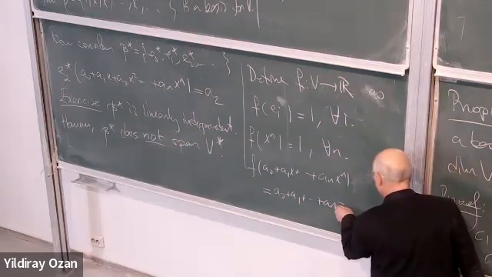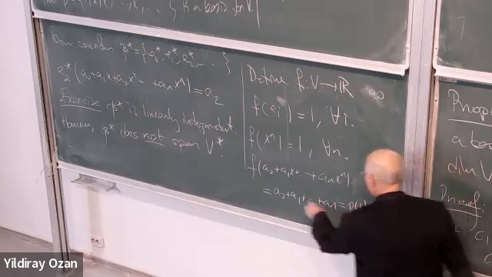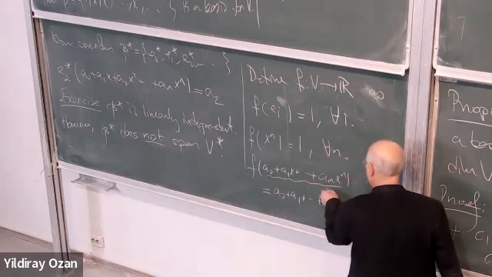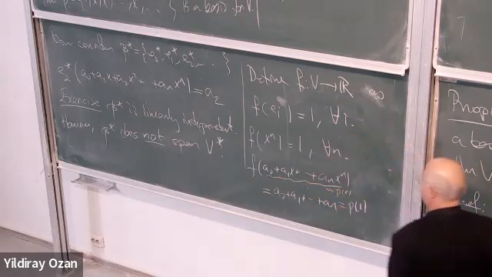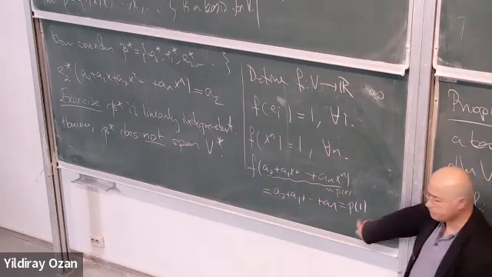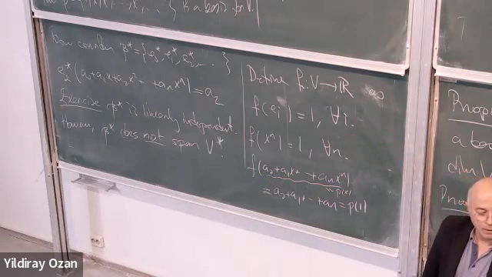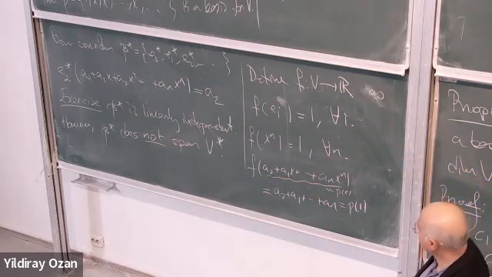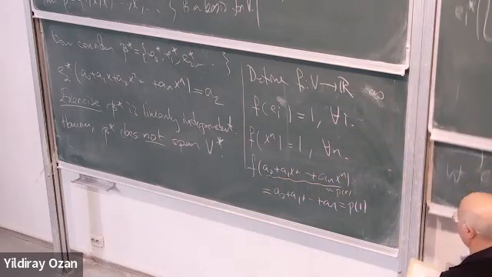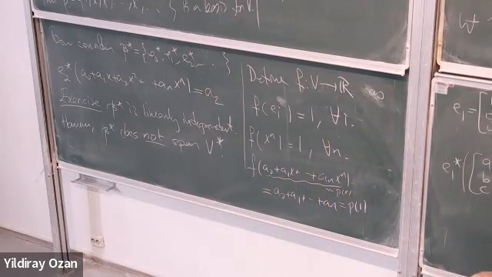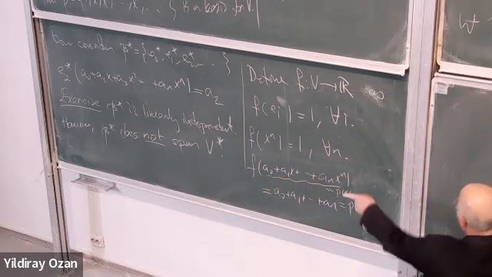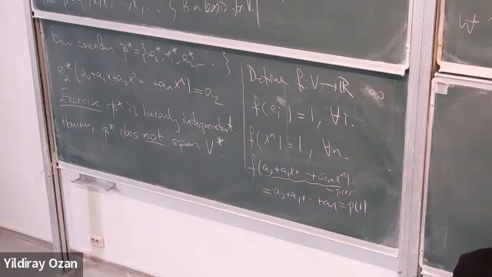So it's just p of 1. If we call this polynomial p, its value is f of 1. This vector, covector, is not in the span of the dual elements.